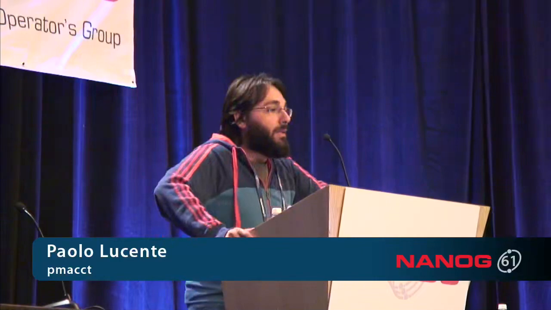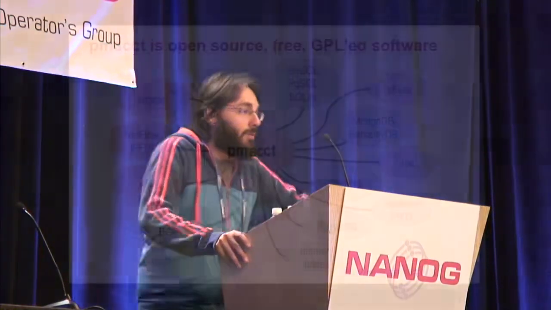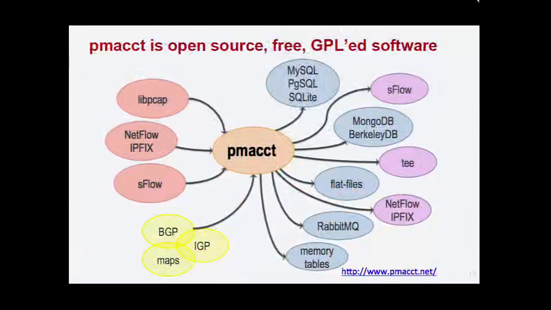It's that thing that is sitting over there in the middle. Essentially, you can get network traffic data via telemetry, so NetFlow, IPFIX, sFlow, or packet capture, so libpcap over there. You can correlate or augment this network traffic data with other sources of data, for example, BGP, IGP, or user-defined maps.